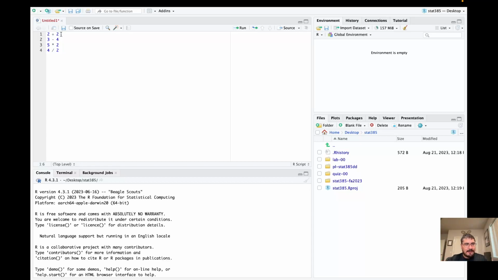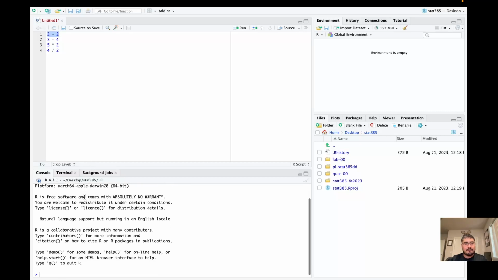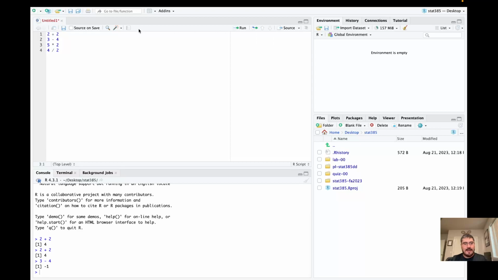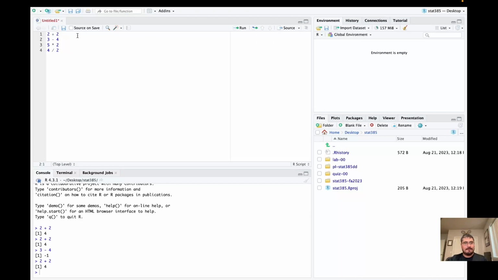Okay, so for instance, I have this first line. You could just copy it into the console directly and then run it. But a better way to do it is to run the code. So if I click run, it'll run that line and then go down and run the next line. However, there's a keyboard shortcut to just do that automatically.